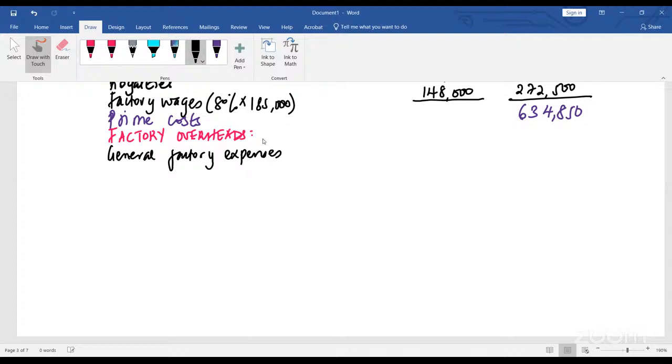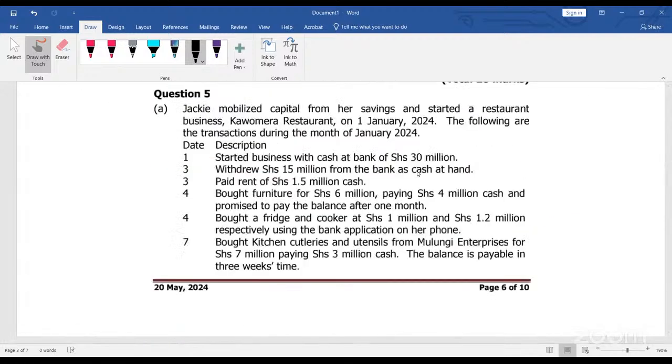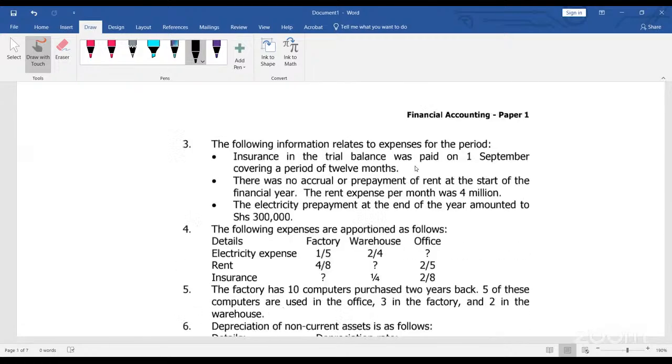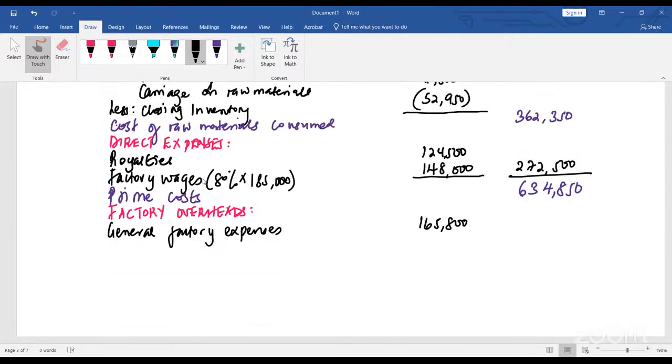We have the general factory expenses, 165,800. Then what else do we have? We have the factory wages, by the way, because they have said that part of them are direct, meaning that 20% is indirect.